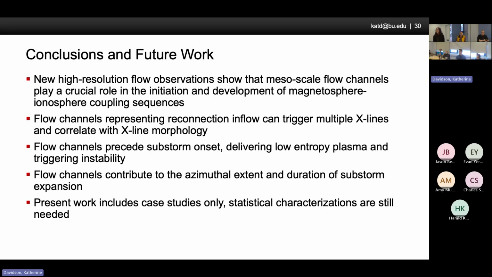Yes. So I'm wondering how you can quantify the uncertainties in your SuperDARN data, and how you can quantify the uncertainties all the way through looking at things like flow channel width, which I think your results depend a lot on.